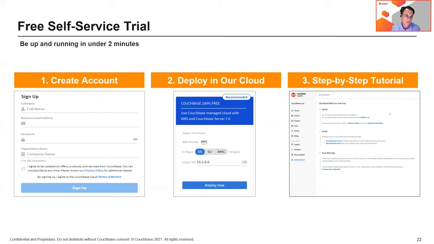Super easy. Just sign up. You have to verify your email, of course. Go to the first page. Choose deploy in our cloud. Choose the Couchbase cloud account, hit deploy now. You have to pick your region. You have one of 3 regions to choose from, and then begin.